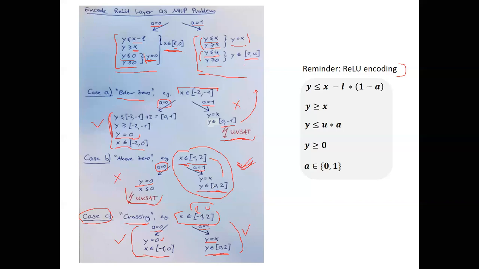So I hope this gives you a little bit of intuition about, one, how the incomplete method can help produce bounds, like L and U bounds, lower and upper values for the neurons, which allow you to prune some of the linear programming instances that would be generated otherwise by the MIP solver. Right? And then also be aware of these crossing issues.